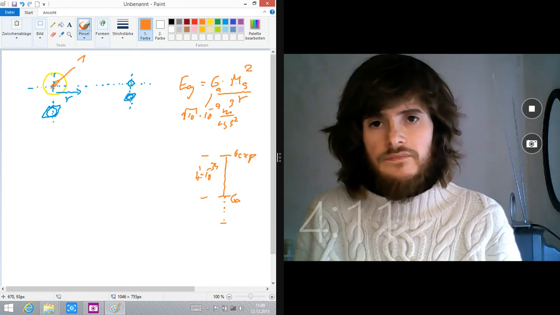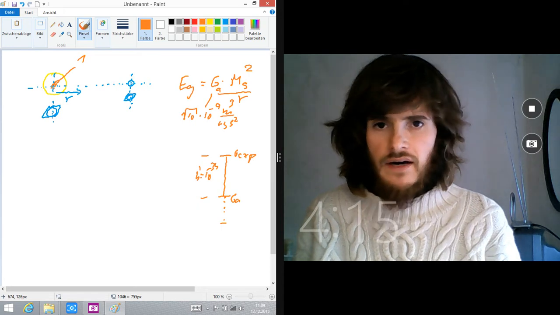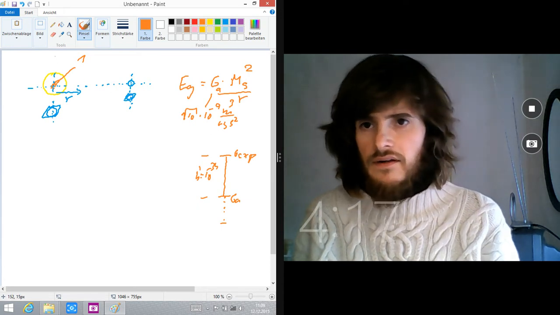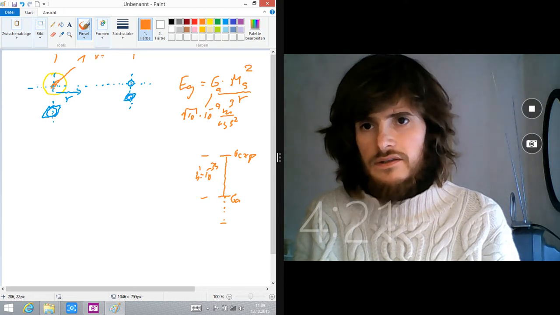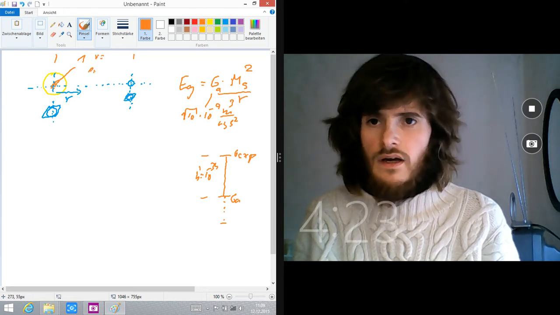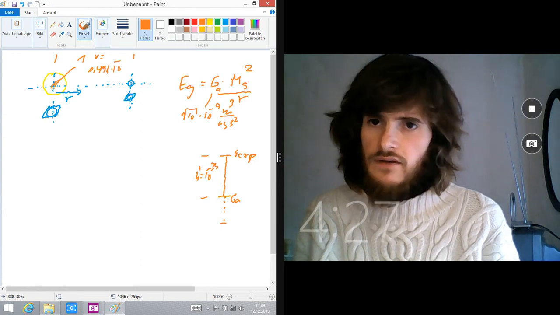And then we get a gravitational energy. This R increases until the distance between Sun and Earth. This is 1.496 times 10 to 11 meters.